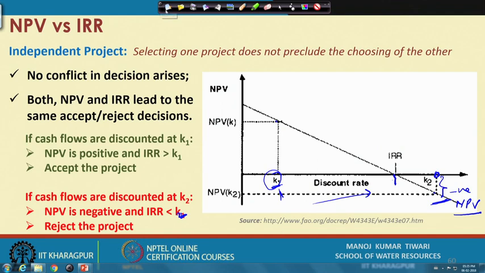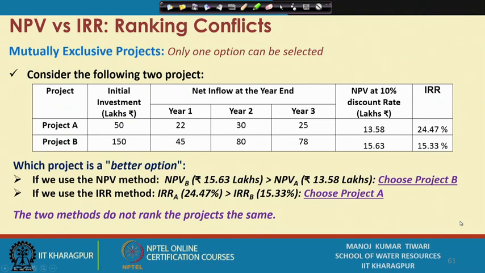However, when we move away from the independent project to the mutually exclusive project, then there might be conflicting decisions at times. So, mutually exclusive projects, as we discussed earlier, are the projects where only one option can be selected, right.